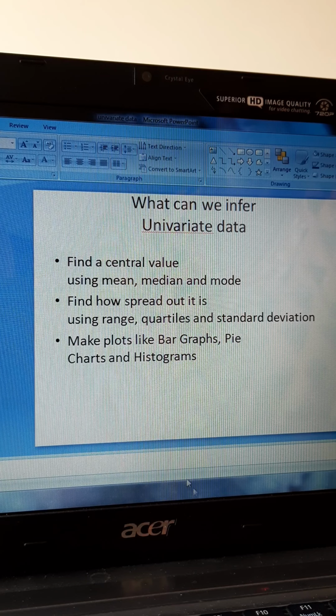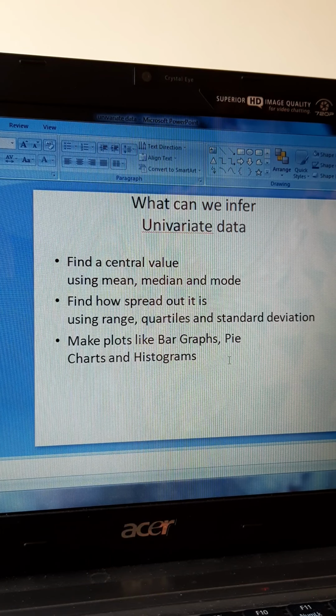So what can you do with this univariate? With one variable, what is it that you can do? You can find the central value, mean, median, mode. Okay, central tendency you can find out. Then you can see what is the spread, range, quartiles, standard deviation you can find out. Statistically, what you can do with that univariate is what we are discussing. And then what can you do?